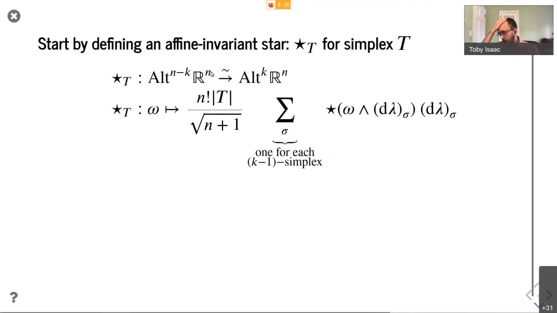So one of the first things that you can do is define an analog of the Hodge star that's specific to each simplex. So the idea here is that this is a map, an isomorphism between n minus k forms and k forms. So you can just substitute h curl and h div back and forth in your head if you want to. But the idea is, instead of specifying for each barycentric form what it maps to, this construction is kind of like a sum of outer products, right?